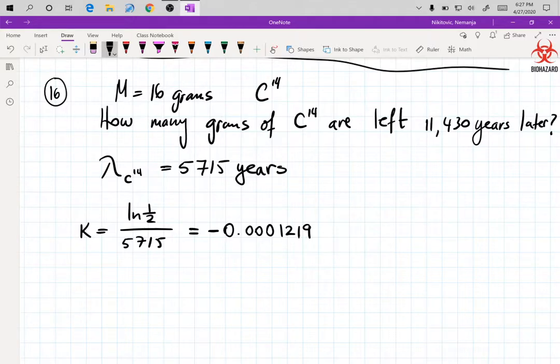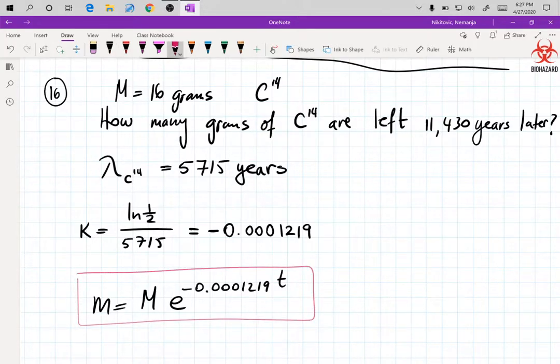And now we have our mathematical model: M equals M0 e to the negative 0.0001219 t. So this over here is our math model, the exponential model for C14 decay.